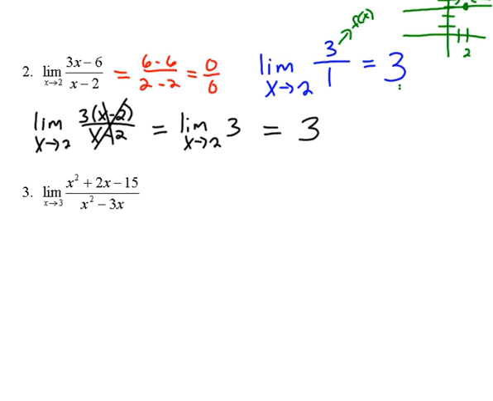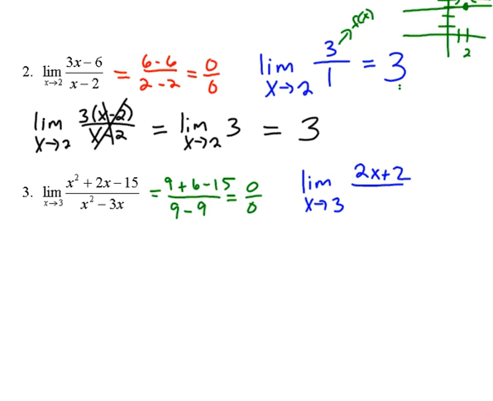So if I put the 3 in here, I have 9 plus 6 minus 15 over 9 minus 9. So again, we're 0 over 0, so we can use L'Hopital's rule. When I'm looking at that, I take the derivative of the top and the bottom, limit as x approaches 3, so that's 2x plus 2 over 2x minus 3.